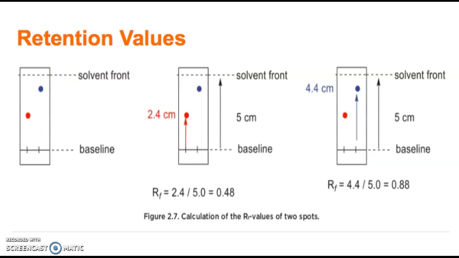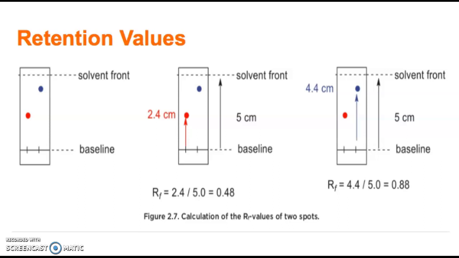Retention values. An important part of any compound is its retention value, which is an indication of how far up a TLC plate a compound has come. A high retention value shows that the compound has traveled far up the plate and is a lot less polar, and a low retention value shows that the compound has not traveled very far and is more polar.